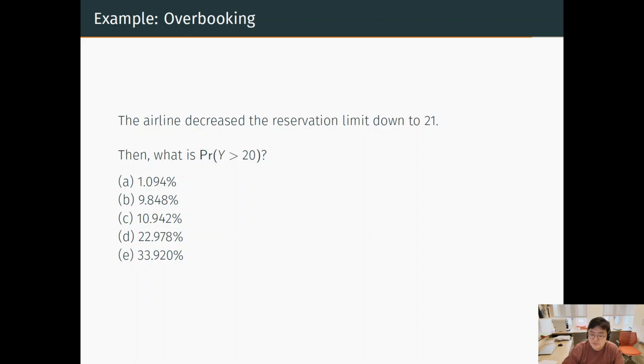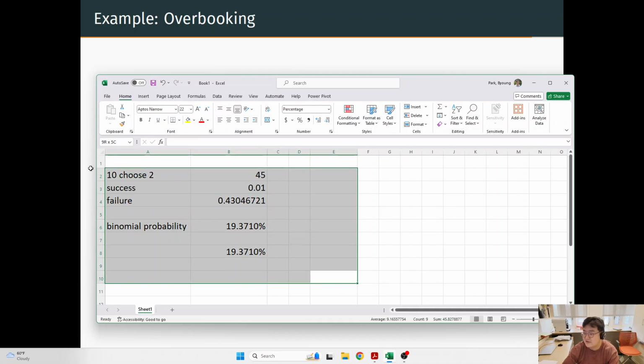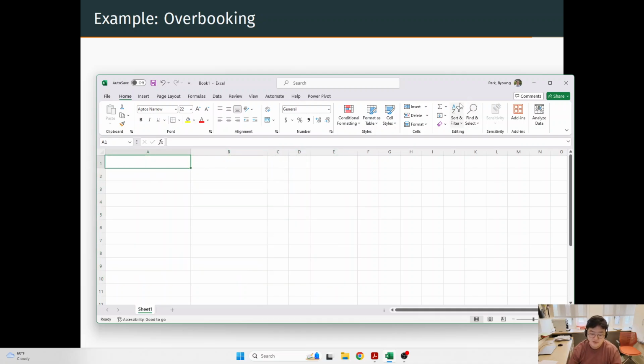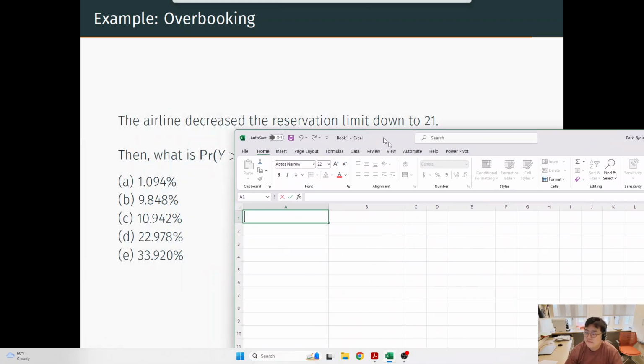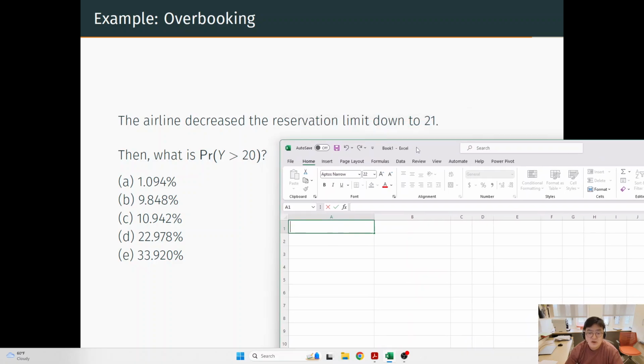I'm going to use Excel to do this. So the first thing you have to do here is specify the parameters. There are 21 reservations now, so at most there can be 21 travelers who want to take the flight.